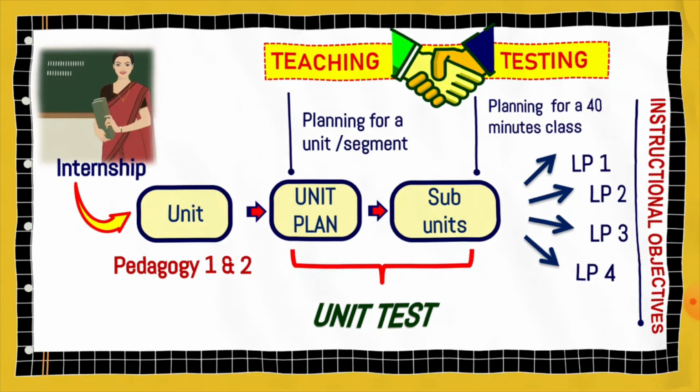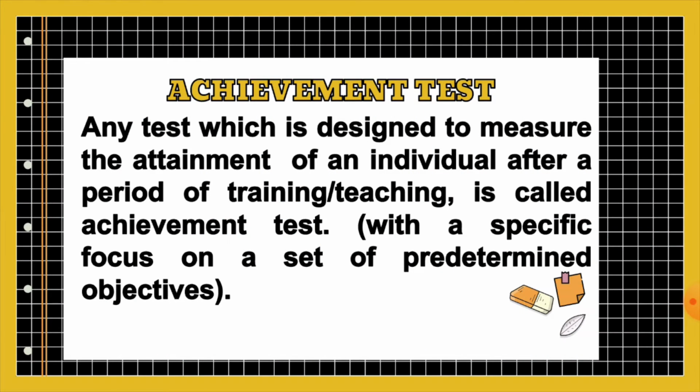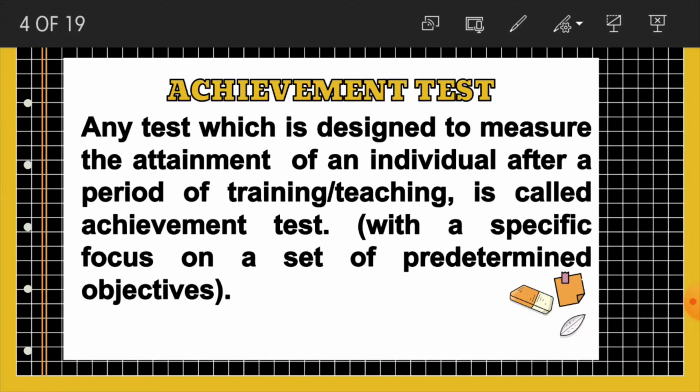Now, let me tell you the meaning of achievement test. It is a test which is designed to measure the attainment of learners after a period of training or teaching. Here, specific focus is on a set of predetermined objectives.